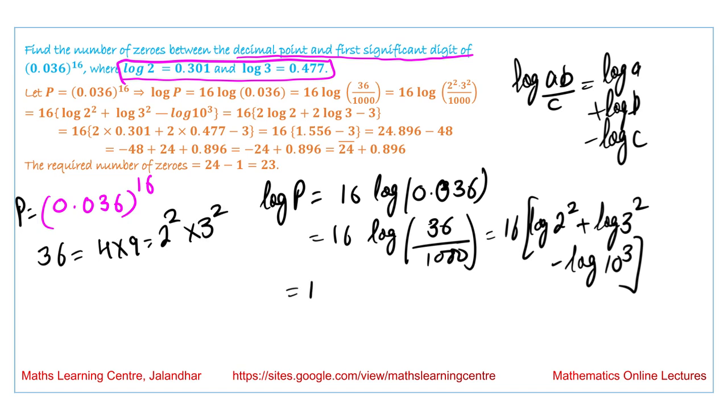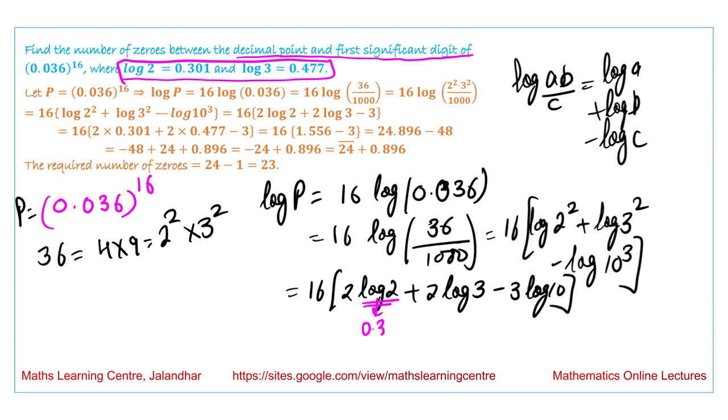So the answer we obtain is 16 into 2 log 2 plus 2 log 3 minus 3 log 10. The value of log 2 is 0.301, log 3 is 0.477, and log 10 we know is equal to 1.